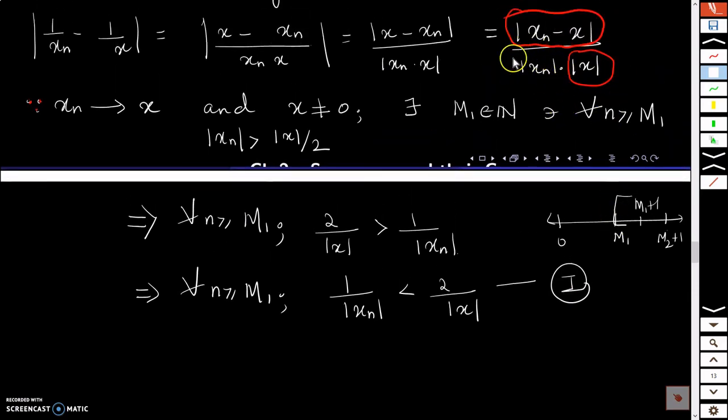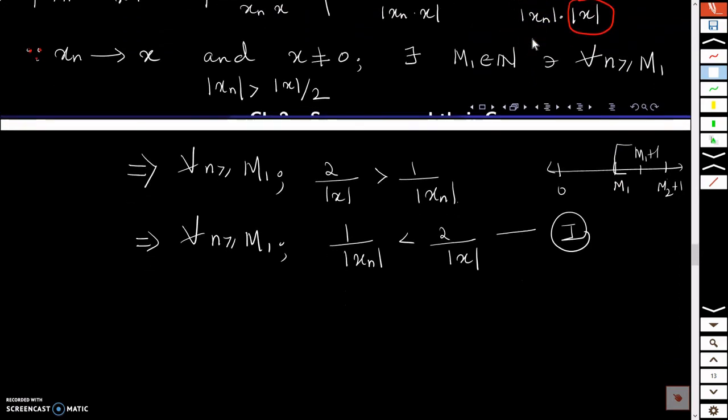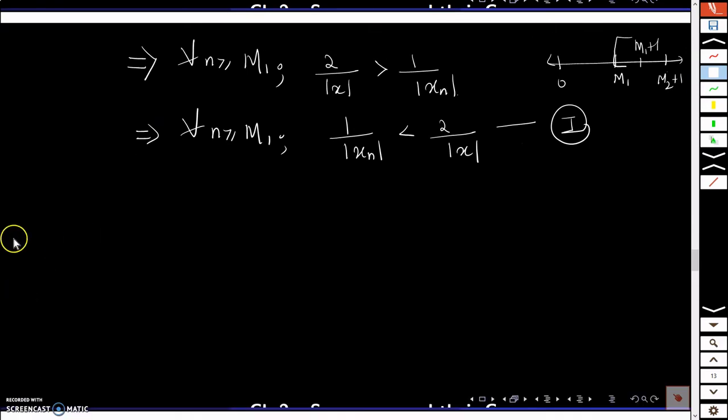Okay, so this is taken care of now, 1 by mod xn. I only have to look at this, and this I'll get from convergence. That's easy, that we have been doing again and again now. Also, xn converges to x.